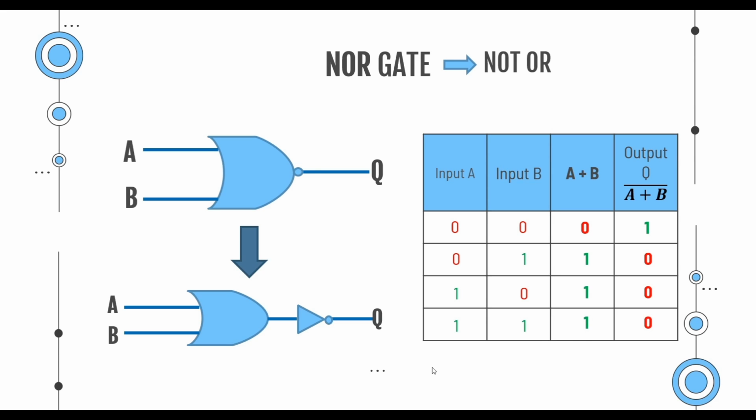So in a NOR gate, the output is high only when all the inputs are low. So let's move to our simulator and check how we can construct this NOR gate in our simulator.